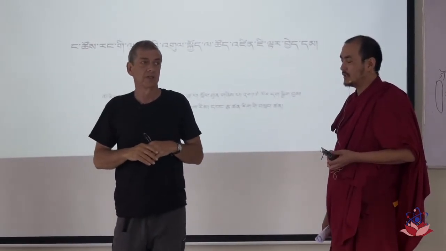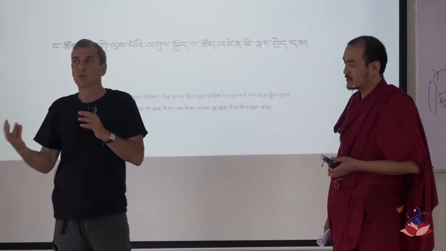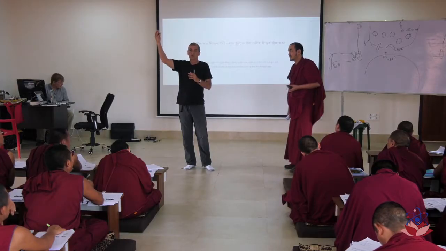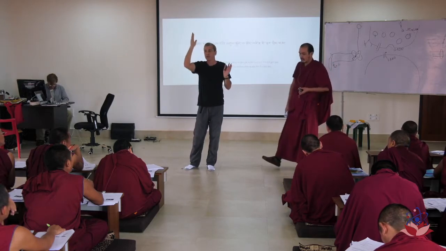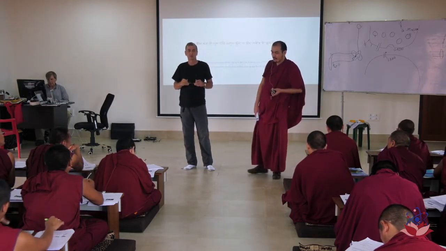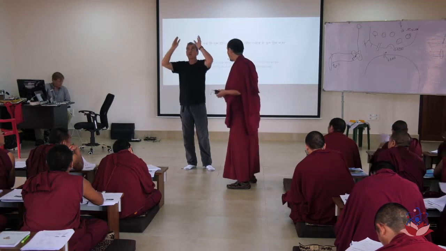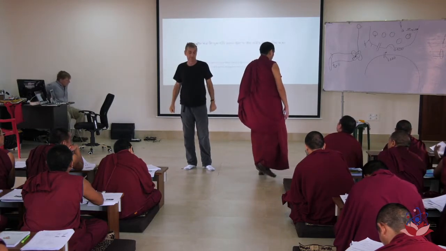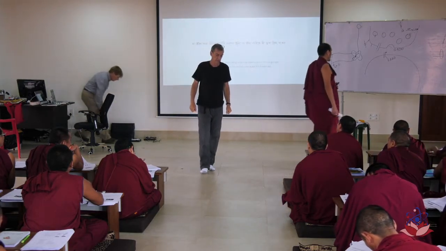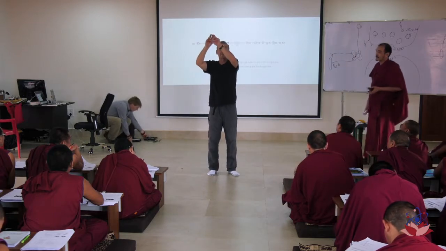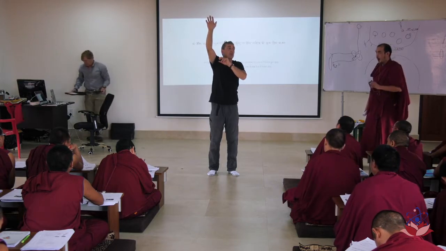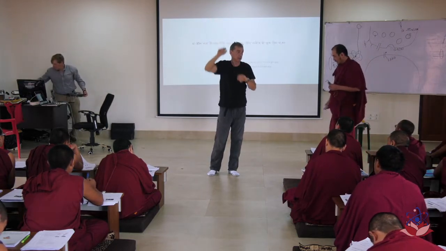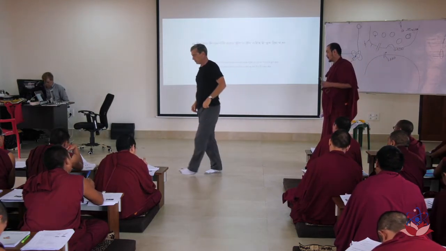Some for temperature. Some for touch. But all of them reach the thalamus. And then from the thalamus, we talked about the next projection, which is up to the somatosensory cortex.